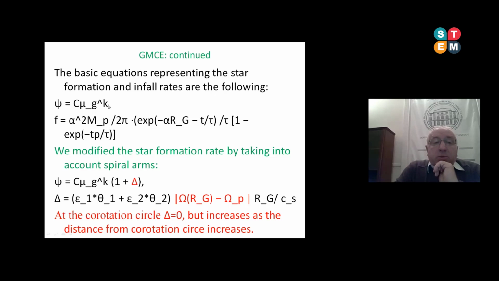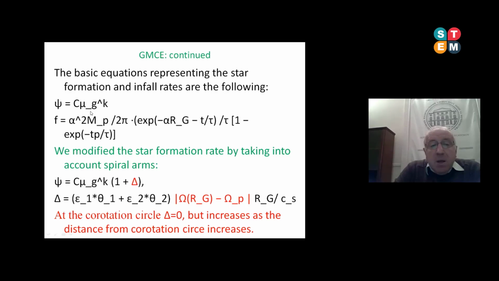Kennicutt, for example, insists that it should be 1.6 and nothing more. People forget about spiral patterns. We know that spiral patterns should play an extremely important role in galactic formation. But people say, no, okay, the star formation rate depends only on the concentration of the gas in the disk.